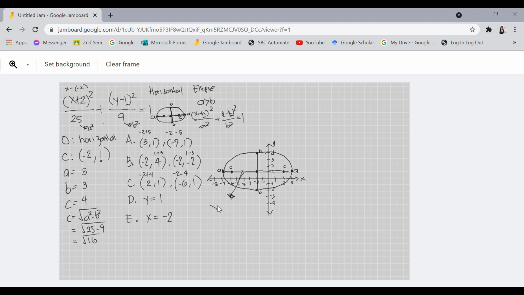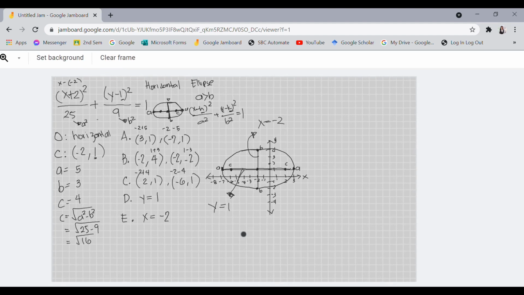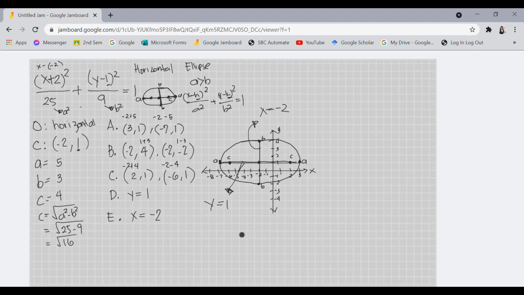Okay, yung major axis natin, yung horizontal, y equals 1. Then, itong vertical, that is x equals negative 2. Okay, so that gives us our example for horizontal ellipse with the equation x plus 2 quantity squared over 25 plus y minus 1 quantity squared over 9 is equal to 1.